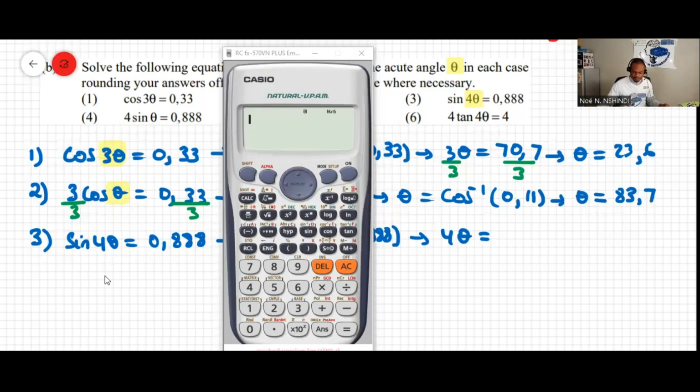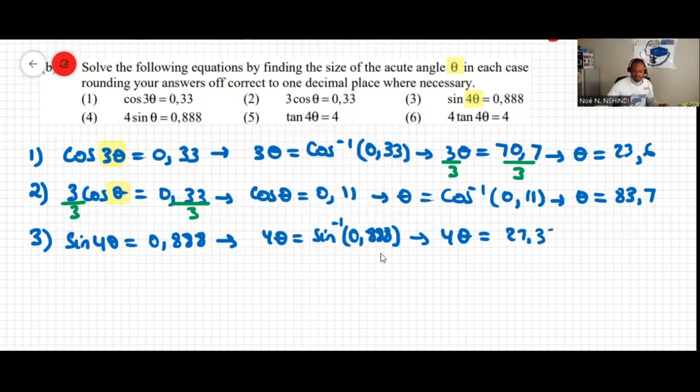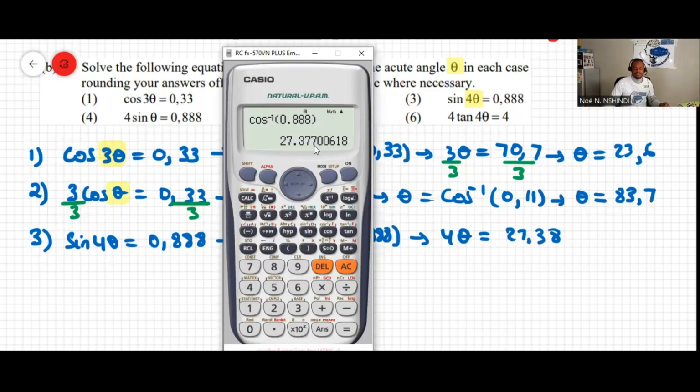We press the shift button, and then sin, 0.888, close bracket, and then hit equal. That makes 27.38. Because we have to round to one decimal place, I look at the second decimal value, which is 8. Because 8 is more than 5, I increase the 3 by 1.